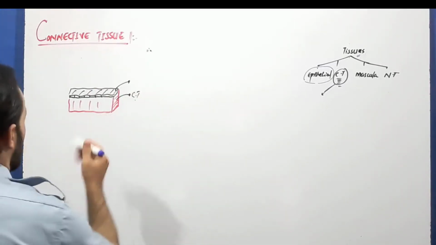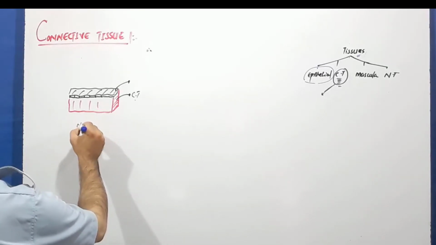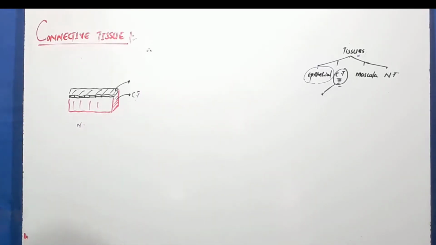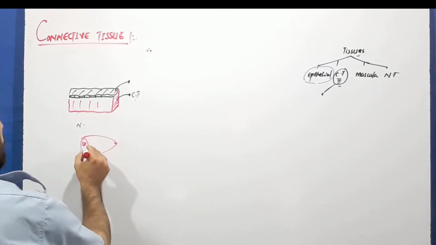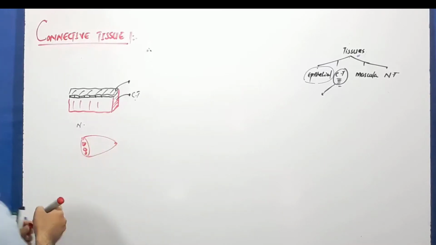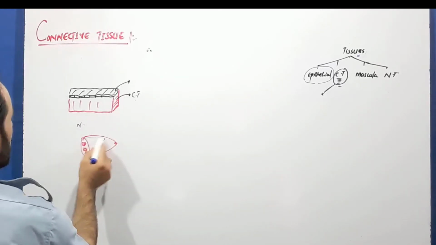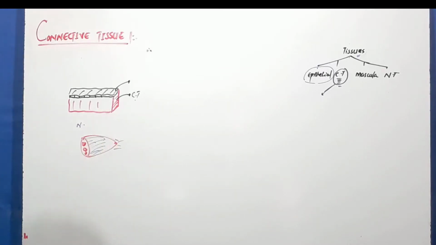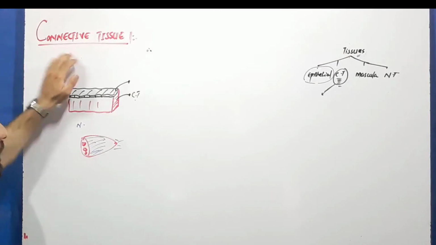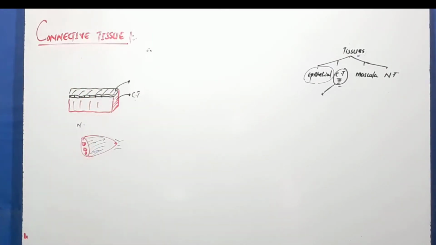Wherever there is nervous tissue there must be connective tissue, and wherever there is a muscle, there must be some connective tissue present around this muscle, inside this muscle, and other places. So we say connective tissue is the tissue which provides support to other tissues, right?